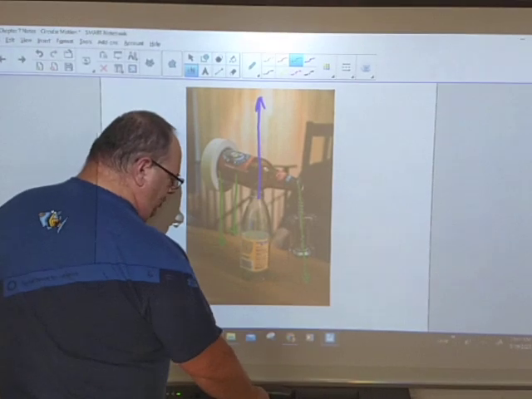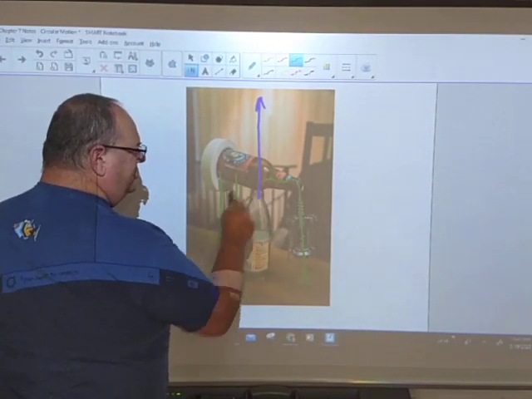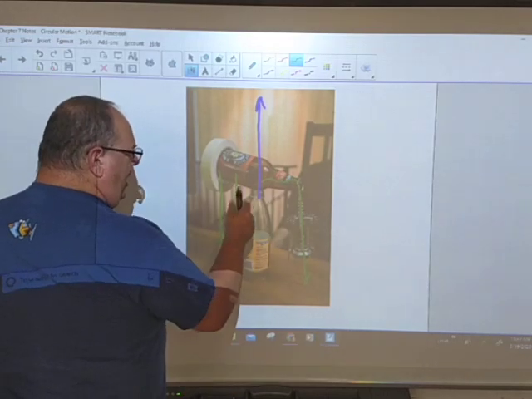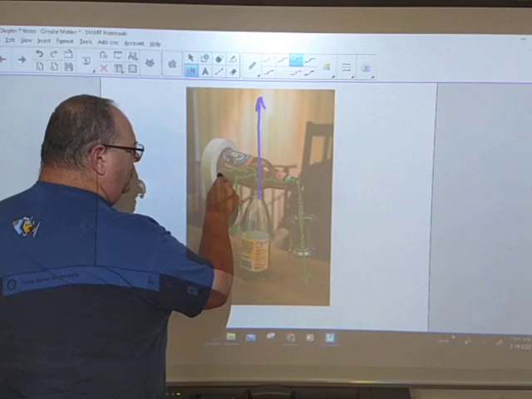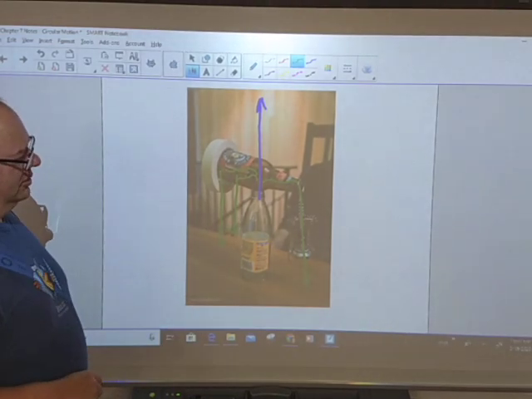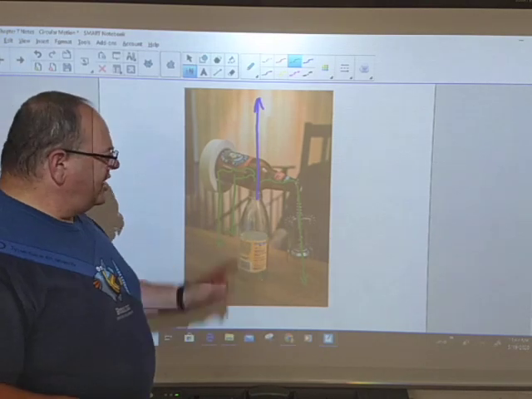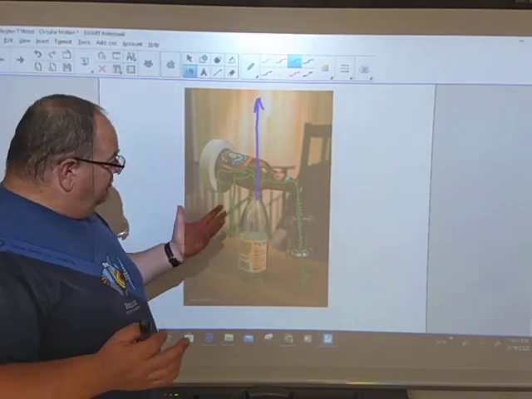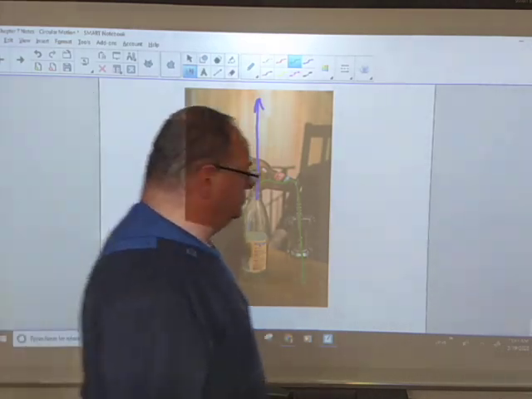And so the product of this force and distance would have to balance this force and distance plus this force and distance. It's got to be balanced. Whatever's going on one side has to be balanced by whatever's on the other side of our pivot point, because it's in equilibrium.